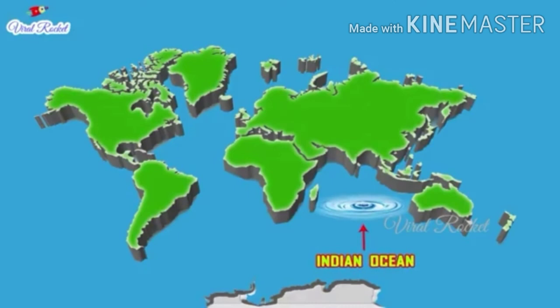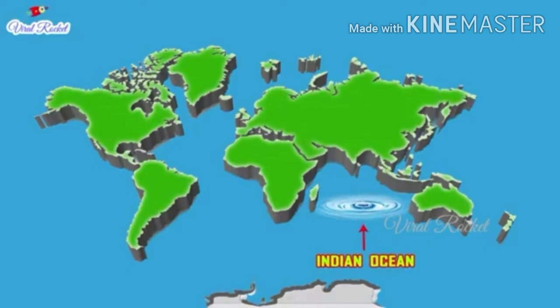This ocean gets its name from the Indian Peninsula and is found below Asia and between Africa and Australia. Singapore is a busy seaport in the Indian Ocean. It is an important trade route for huge ships called oil tankers carrying oil from the Gulf of Arabia to other countries.